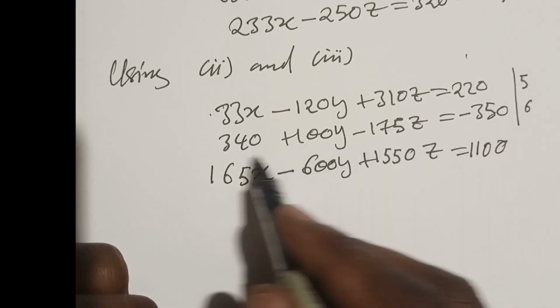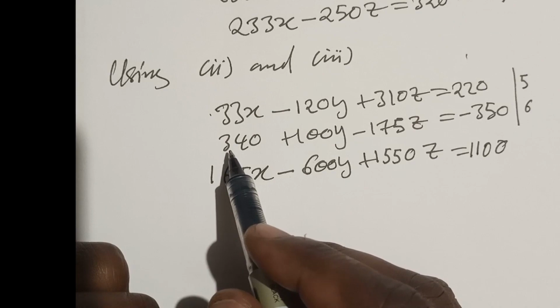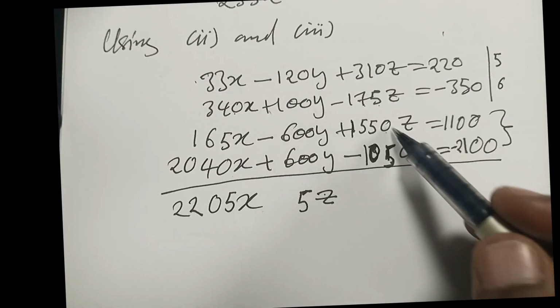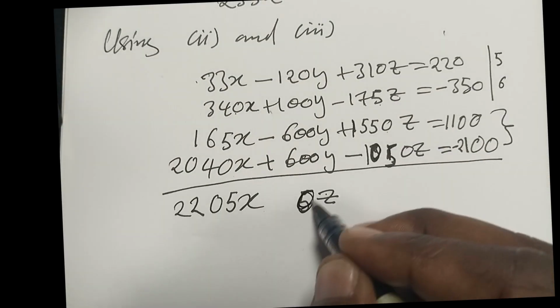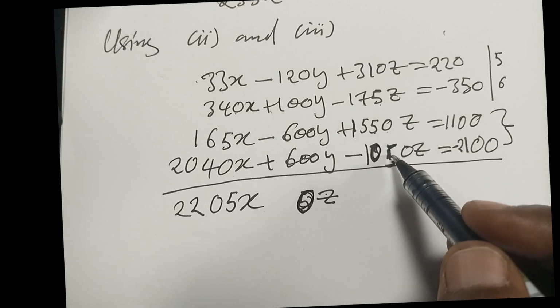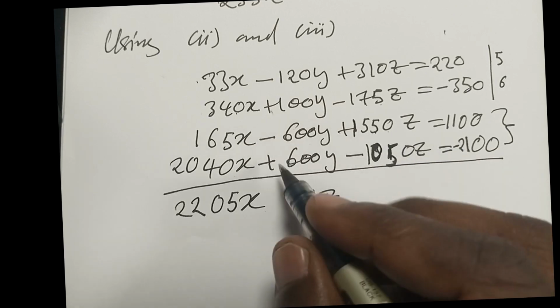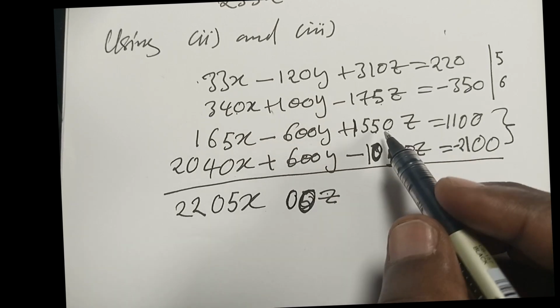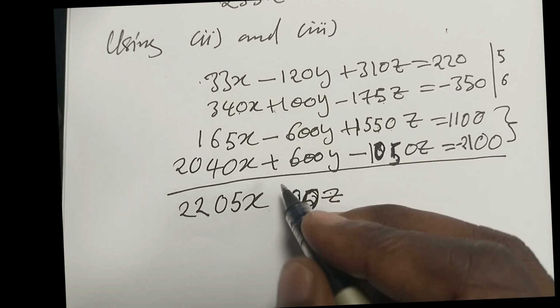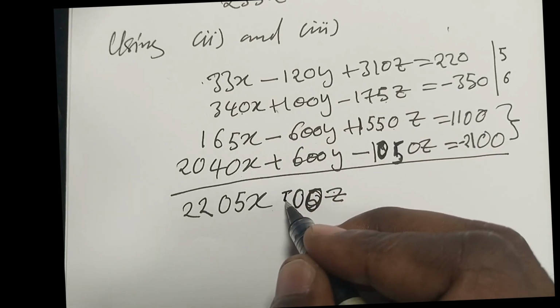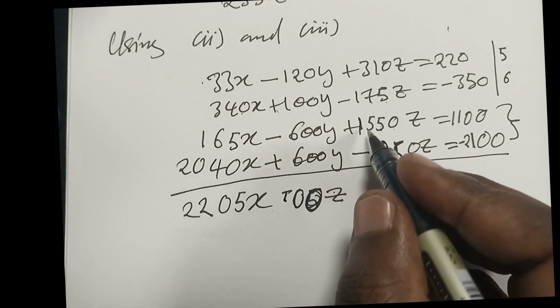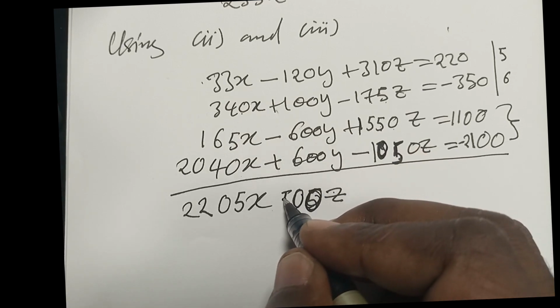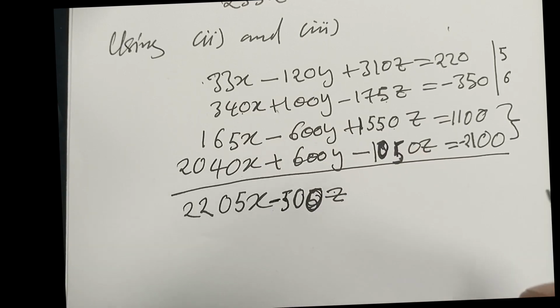Okay, and 6 times 3, yes, so 0 minus 0 should have a 0 there. Then 5 minus 5 should have also a 0. Then 5 minus 0 should have 5. Okay, so you should have a 5 minus.